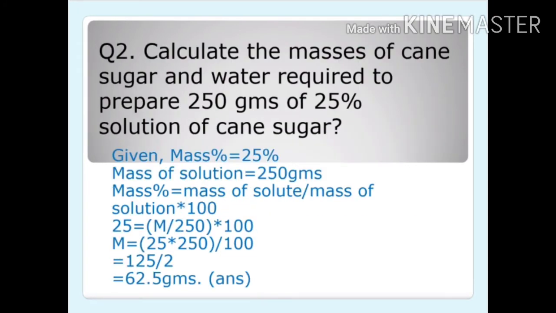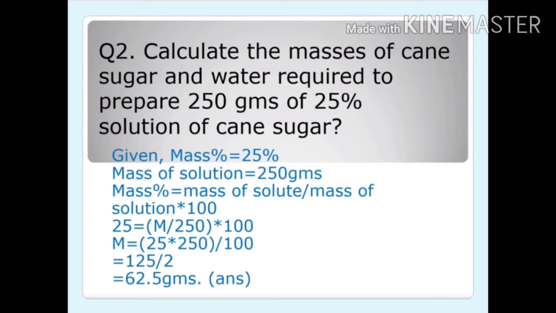All right. Now, second question is calculate the masses of cane sugar and water required to prepare 250 grams of 25% solution of cane sugar. Now, what is the question? Question में हमसे पूछा है mass of cane sugar and water required to prepare 250 grams of 25% solution of cane sugar.